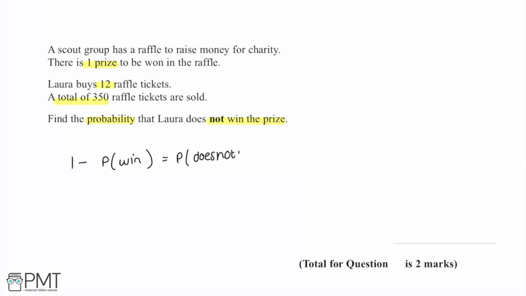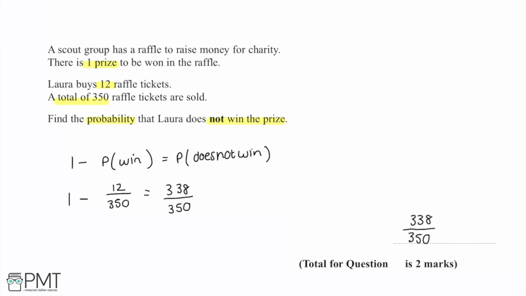So we can take 1 minus the probability that she wins the prize, which is going to be her 12 tickets out of a possible 350, and that takes us to an answer of the probability that she does not win, which is going to be 338 over a total of 350. And here we've calculated the probability that she will not win the prize by using the probability that she would win the prize and subtracting it from 1.